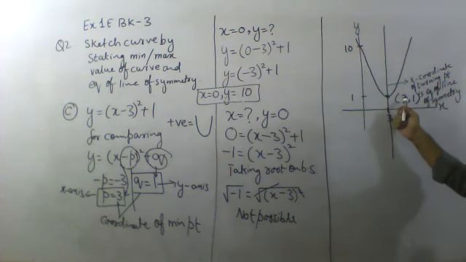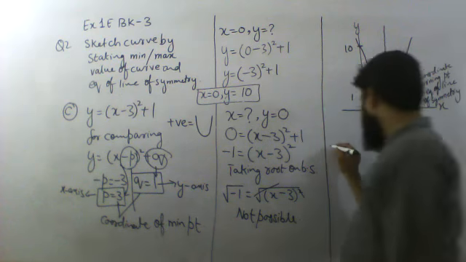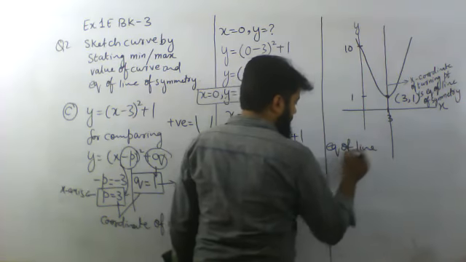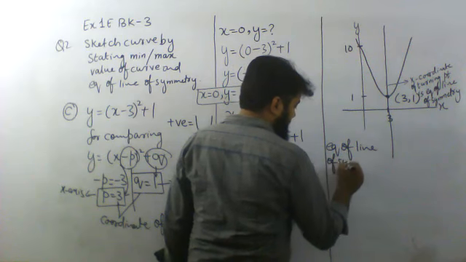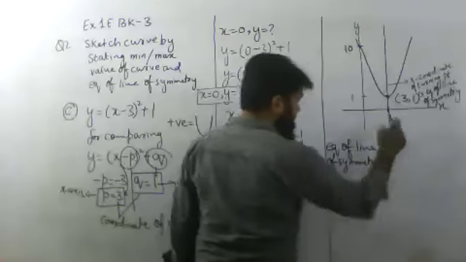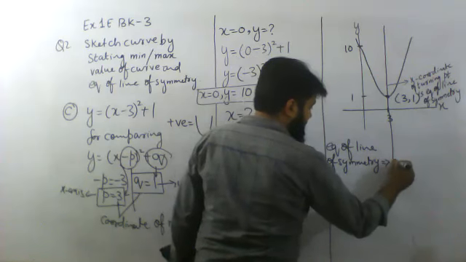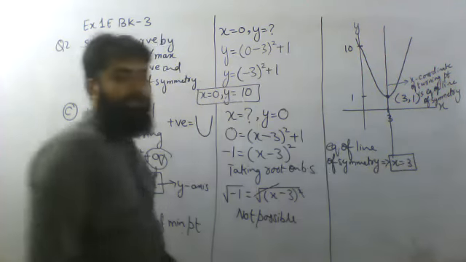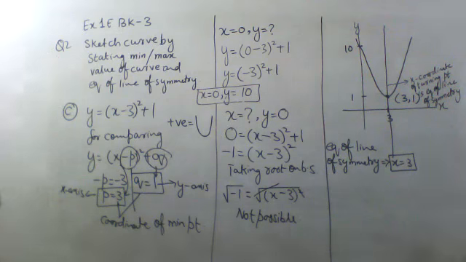The x coordinate here is 3. So the equation of the line of symmetry will be x equals 3.